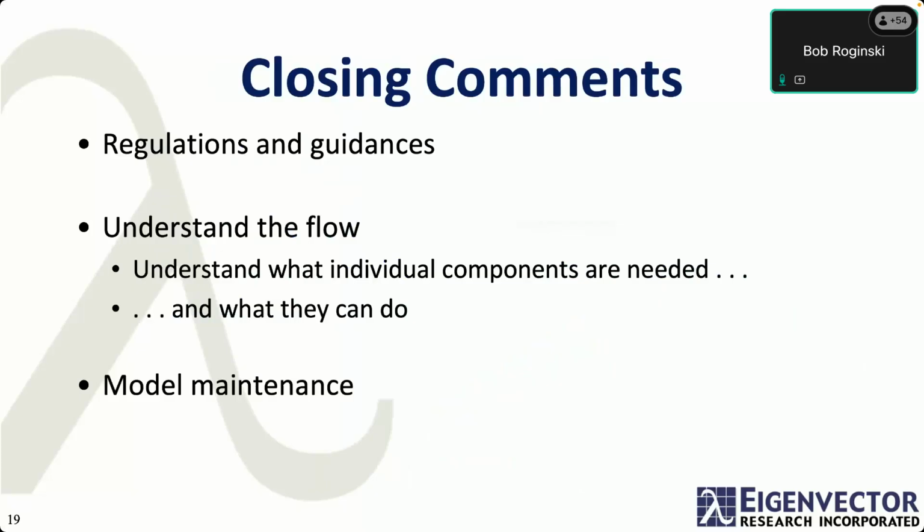An example of guidances might be in the petrochemical industry, where there's a slew of ASTM guidances for building models. These are things that you need to be conversant with: what are the needs of your particular industry, and how you're going to meet those needs. The good thing is that your vendors have done a lot of the legwork for you, and oftentimes will provide essentially a plug and play solution.